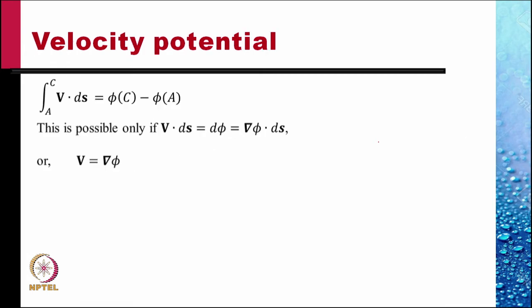This is possible only if V dot ds is d phi, that is, del phi dot ds. That is, we can write the velocity as the gradient of a function phi, so that the velocity in any direction s is del phi by del s is equal to del phi dot ds.